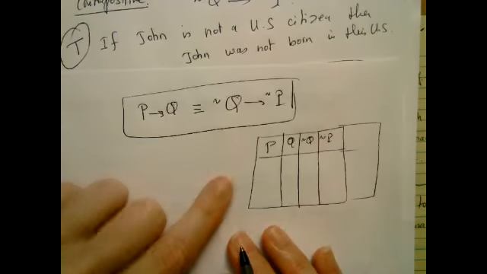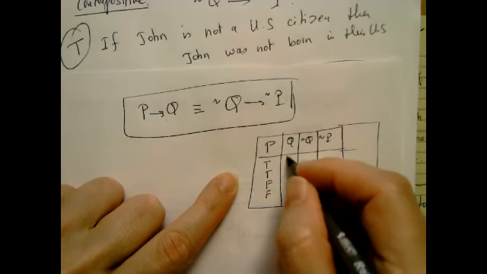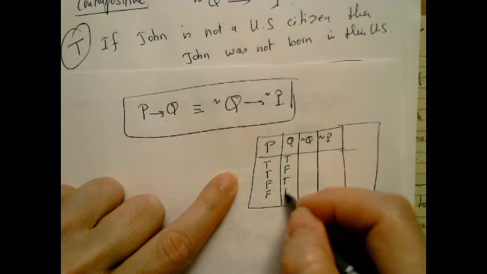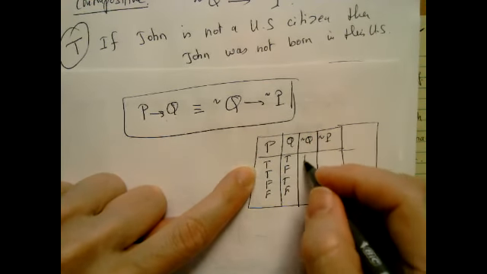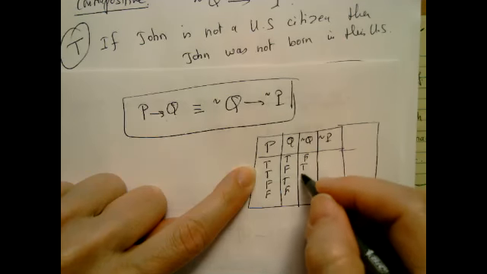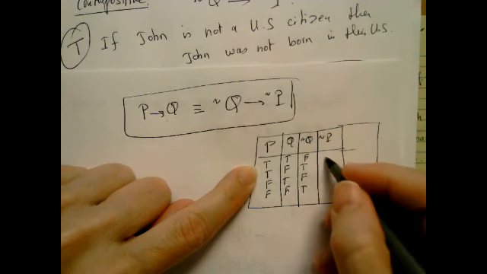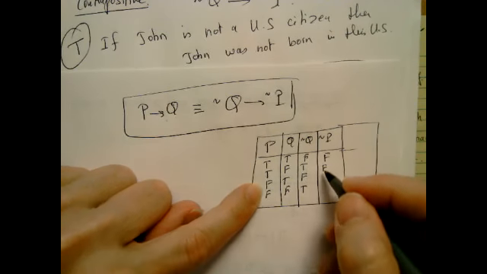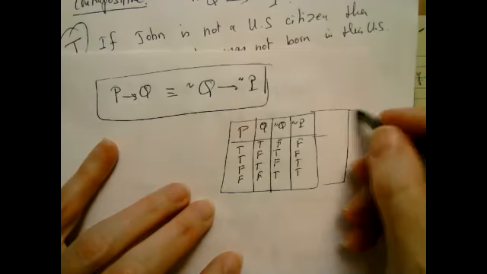P could be true, true, false, false, Q true, false, true, false. Non-Q is going to be false, true, false, true. And non-P is going to be false, false, true, true. And then we're going to capture both of the other two.